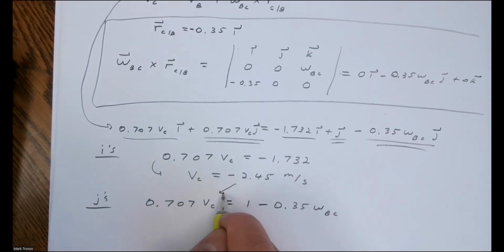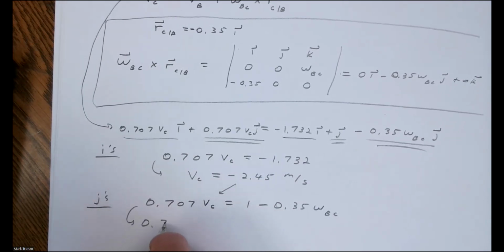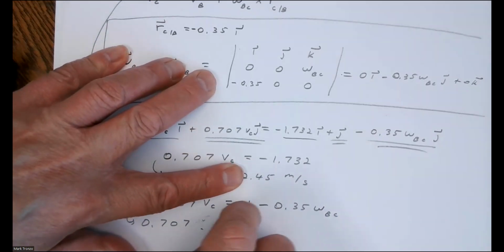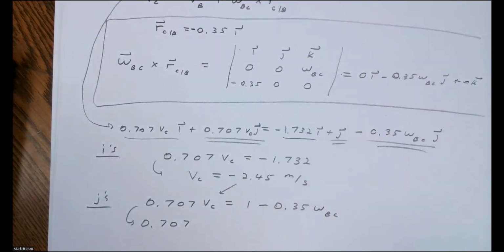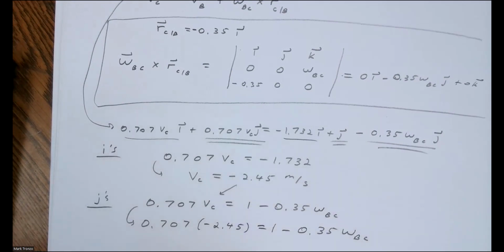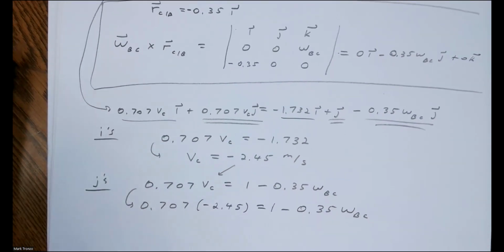Now we know VC from up here, so we can put that in: 0.707 times negative 2.45, minus 1, divided by minus 0.35.